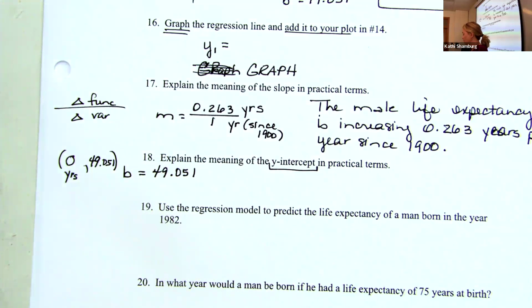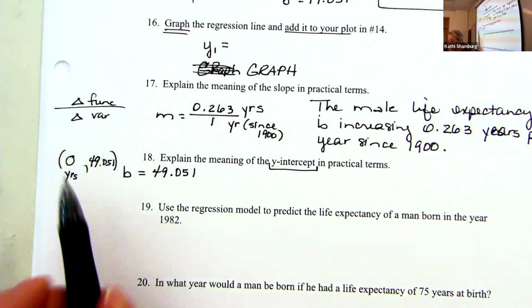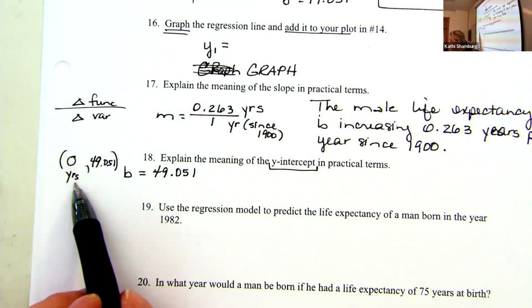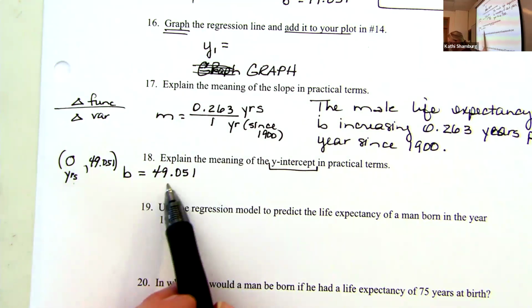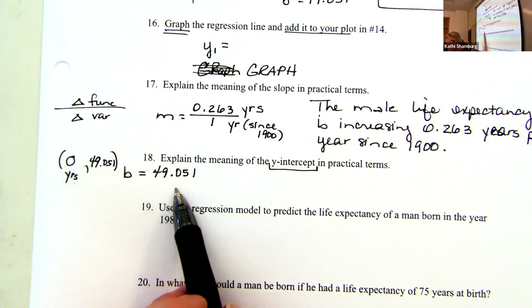So that was talking about a male life expectancy born when? Yeah, this is 0 years since 1900. Okay, so his life expectancy is this.